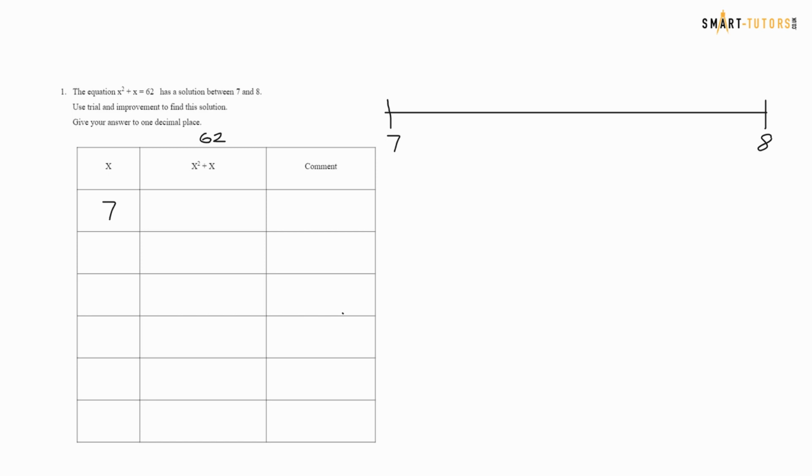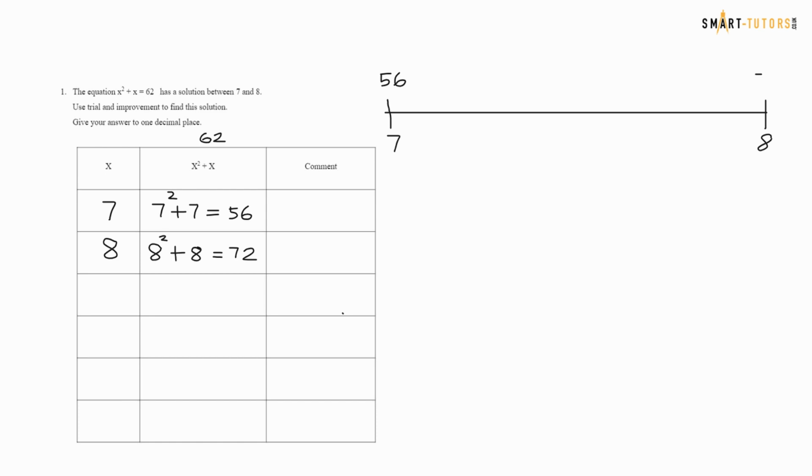So I'm going to substitute 7. 7 squared plus 7, which is 7 squared is 49, plus 7 is what? 56. So by substituting 7 it's 56. By substituting 8, it's going to be 8 squared plus 8, which is 64 plus 8 is 72.